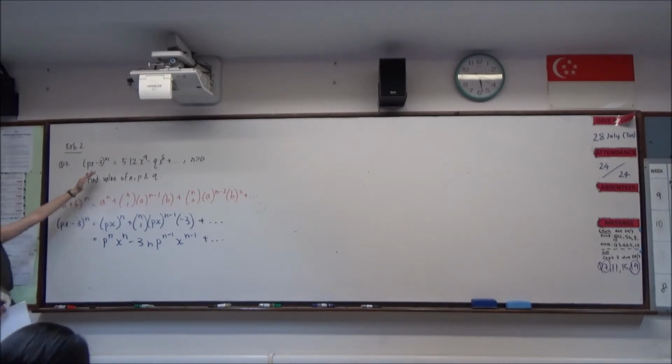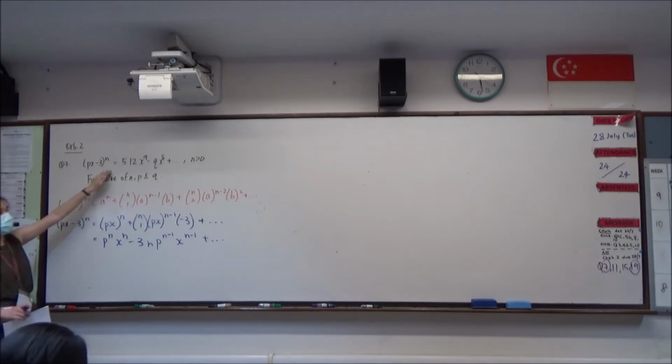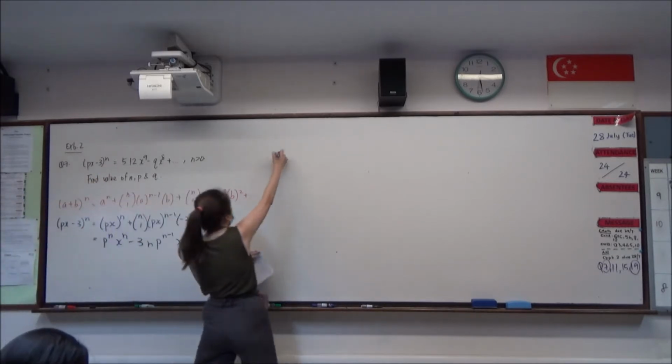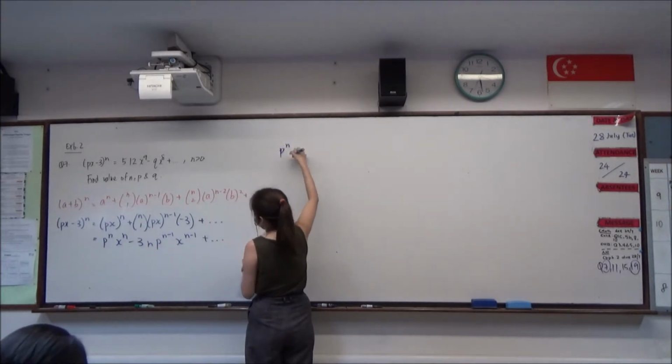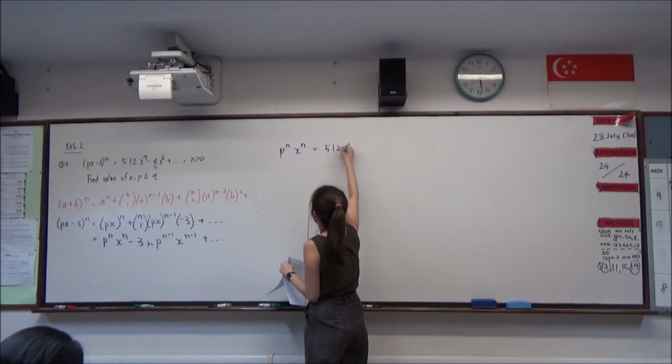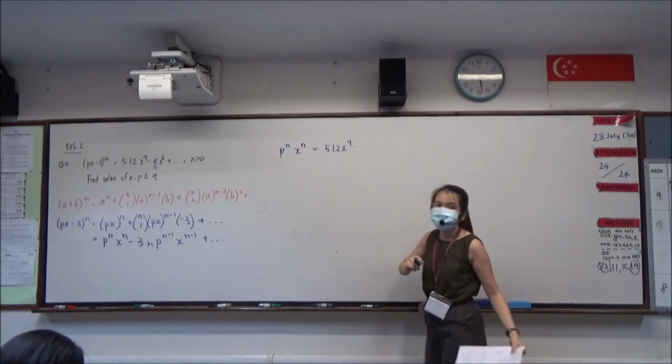Then I can compare the coefficients and the terms between what is given and what I already have. So I will see that p to the power of n times x to the power of n is equal to 512x to the power of 9.